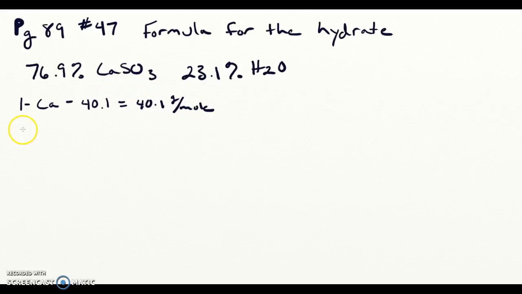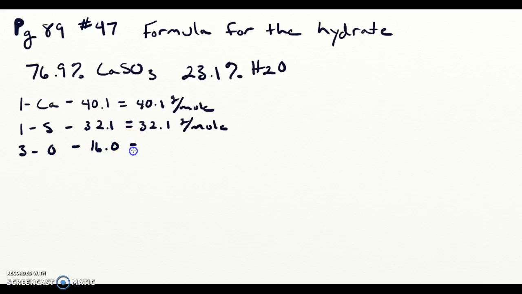Alright, and then there's only one sulfur, and each sulfur is 32.1, so altogether that would be 32.1 grams per mole. And then there are three oxygens. Each oxygen is 16.0, and 16 times 3 is 48.0 grams per mole.